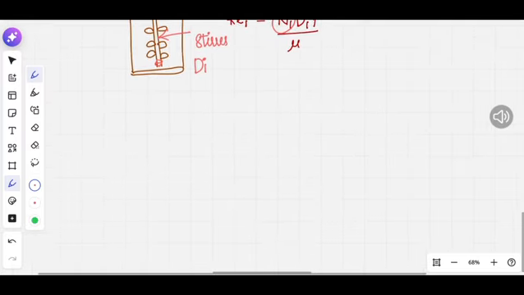So the value of Re tells us the flow regime.